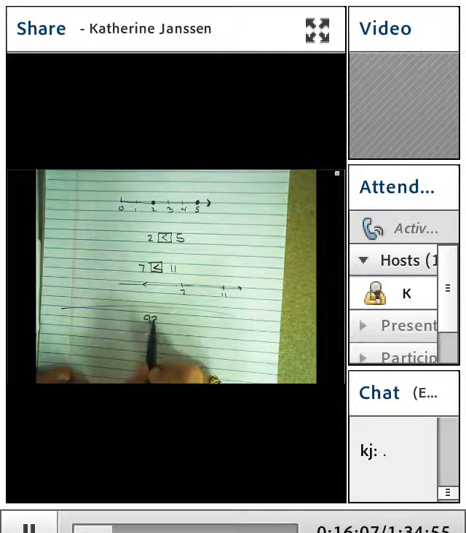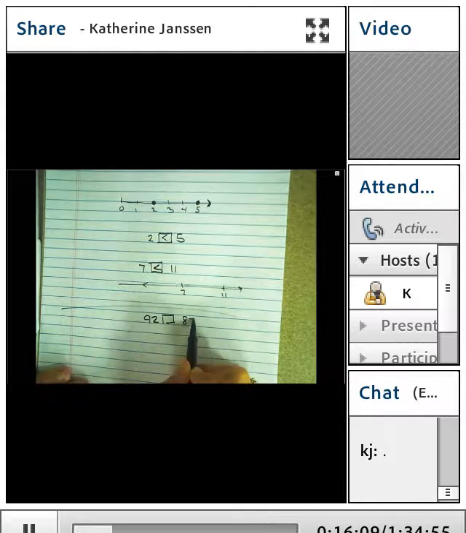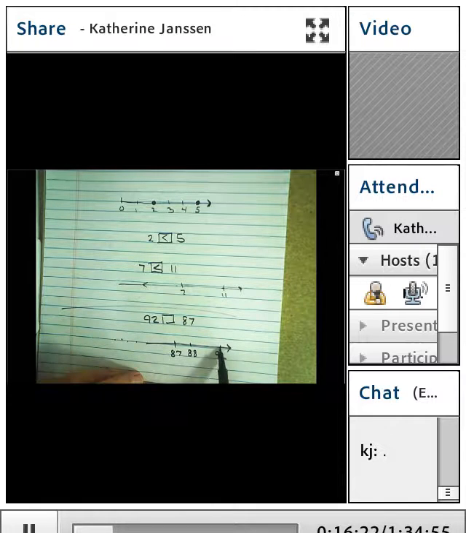92 compares to 87. 92 is to the right of 87.